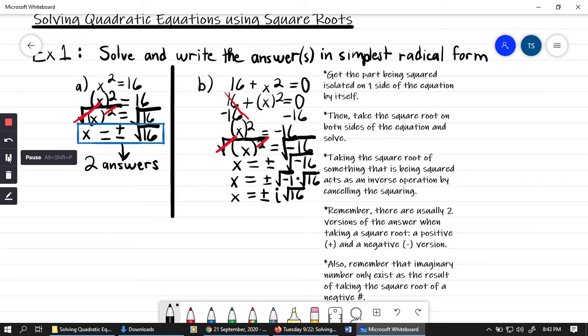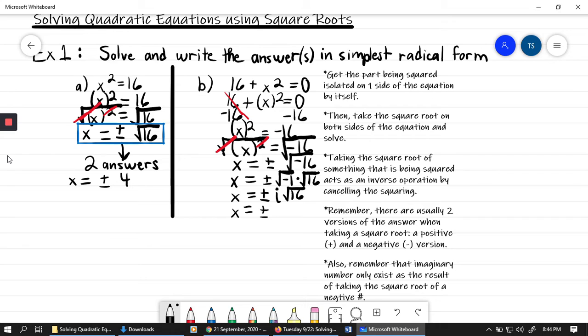The square root of 16 is 4. I meant to write that on this side as well, because the square root of 16 is 4, so that's technically plus or minus 4, two answers.